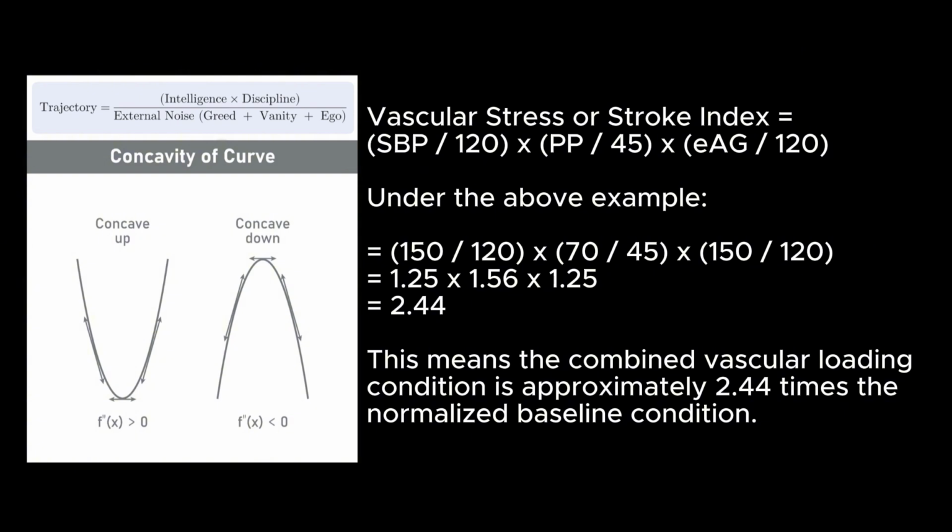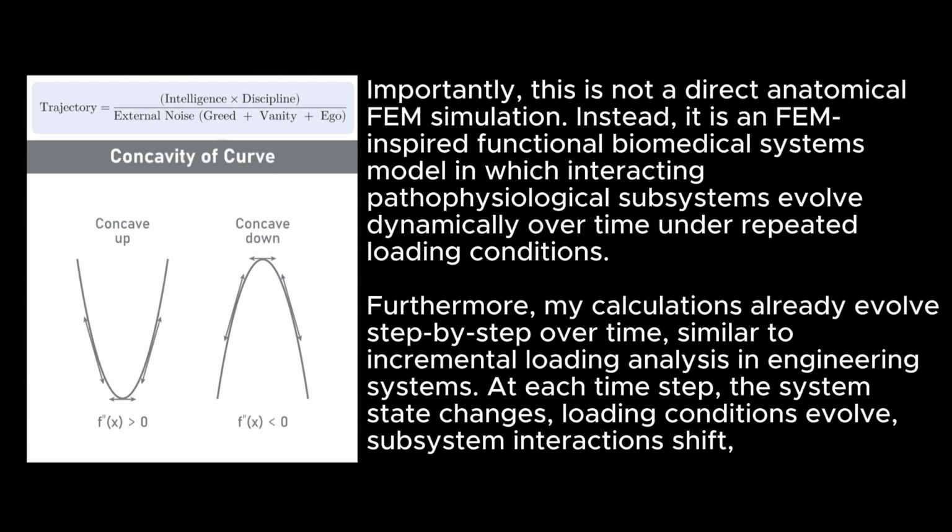This means the combined vascular loading condition is approximately 2.44 times the normalized baseline condition. Importantly, this is not a direct anatomical FEM simulation. Instead, it is an FEM-inspired functional biomedical systems model in which interacting pathophysiological subsystems evolve dynamically over time under repeated loading conditions. Furthermore, my calculations already evolve step by step over time.